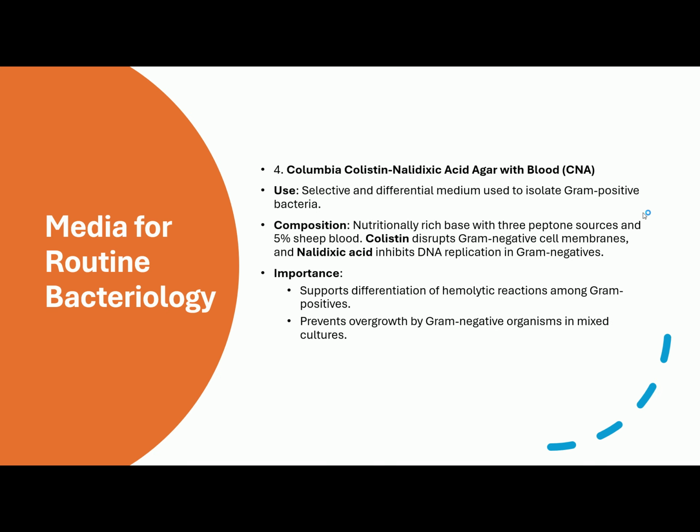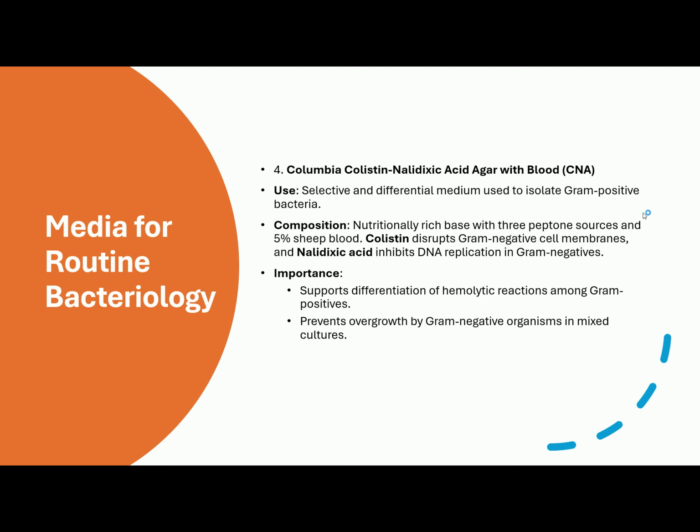The fourth one is your CNA, or the Columbia Colistin Nalidixic Acid Agar with blood. So this is a selective and differential media used to isolate gram-positive bacteria. Composition: nutritionally rich base with 3 peptone sources and 5% sheep blood.